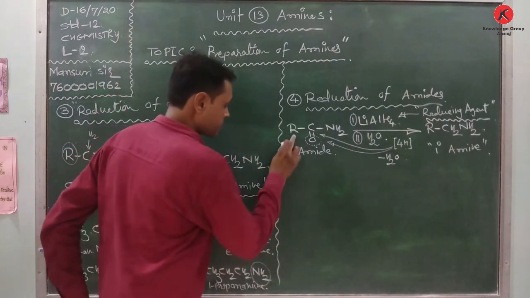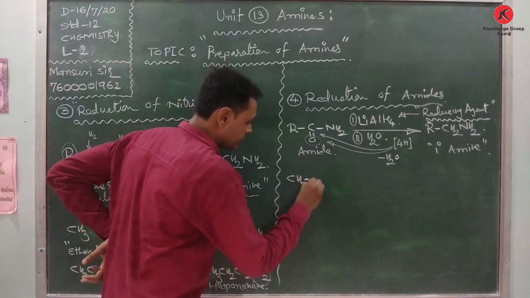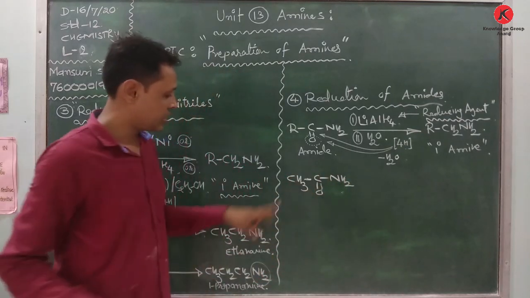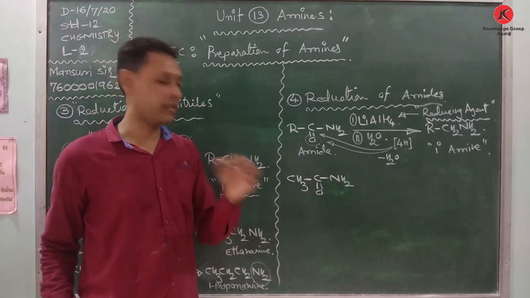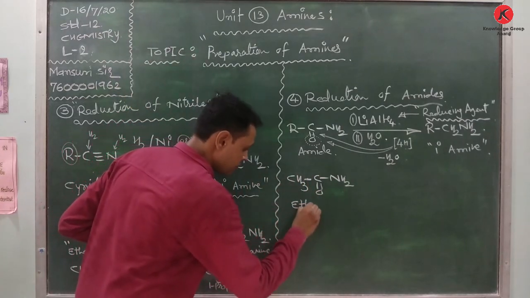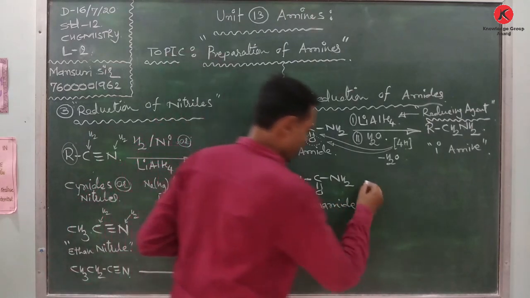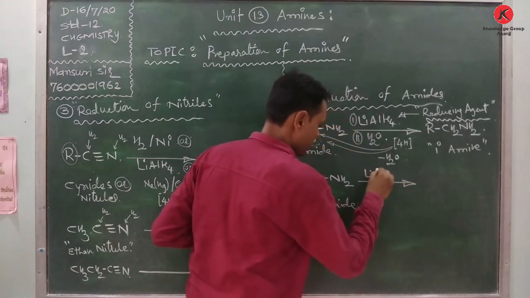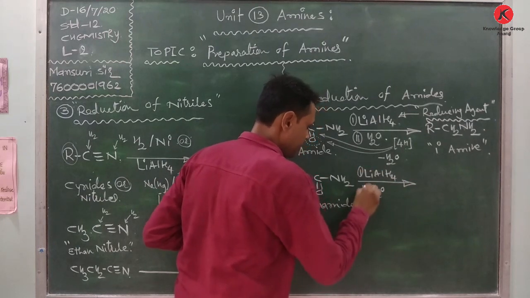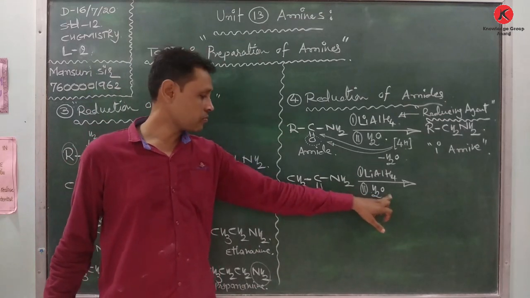Now here R can be methyl or ethyl. If methyl is taken, then CH3CONH2 is formed. This has 2 carbons, so the name is ethanamide. Now it reacts with lithium aluminum hydride, and thereafter by hydrolysis we can obtain ethanamine.